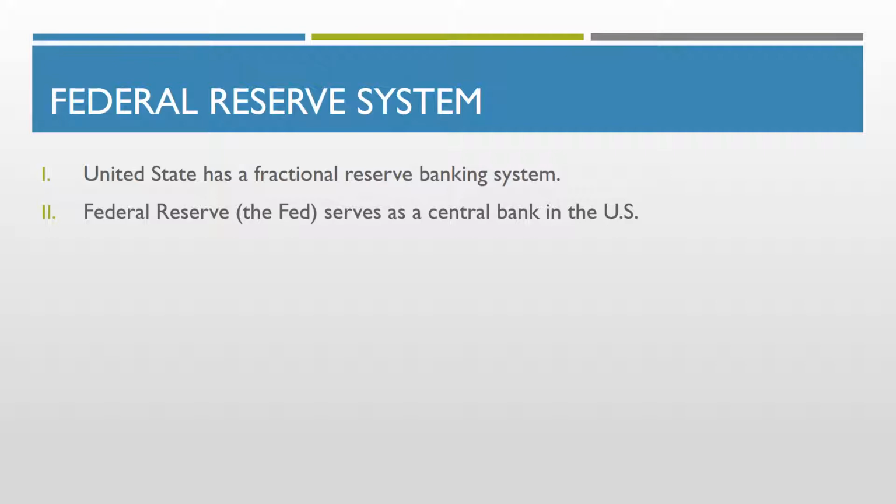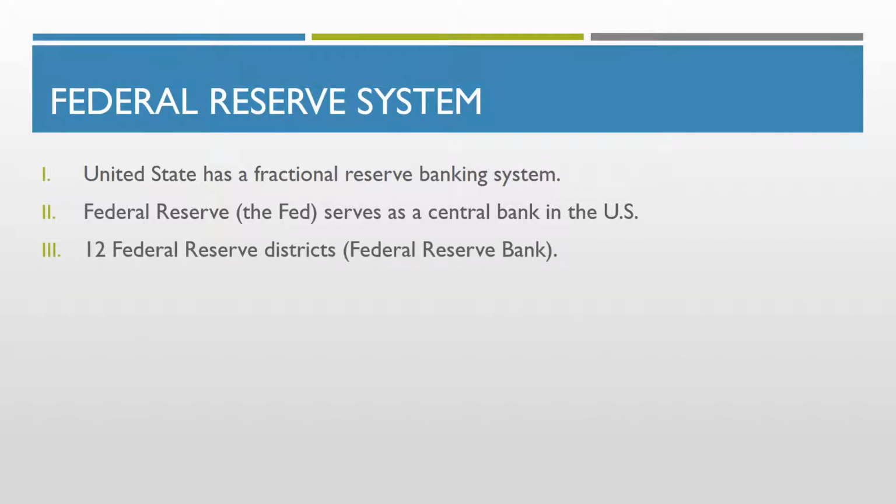The Federal Reserve, or the Fed, serves as a central bank in the United States. As we have seen before, the Federal Reserve is serving as a banker's bank in order to help out those commercial banks who have difficulties paying back their own depositors.